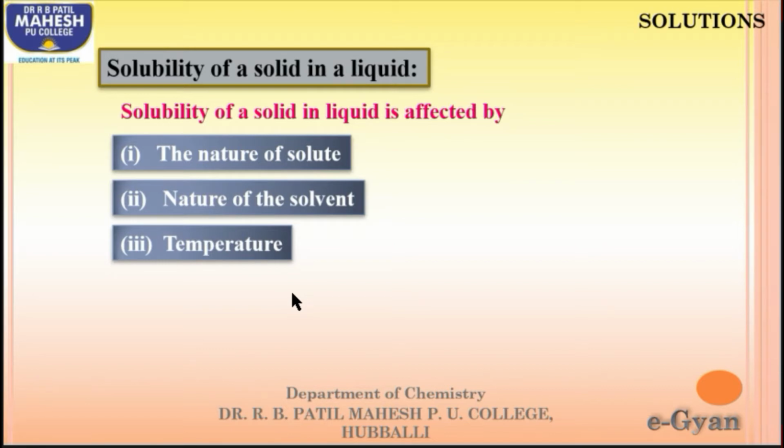How does nature of the solute vary? Already I have told you. If the substance has more affinity towards the liquid phase, then it will be easily dissolved. Nature of the solvent: as the polarity of the solvent increases, the solubility will increase. Temperature: as the temperature increases, the solubility will increase.